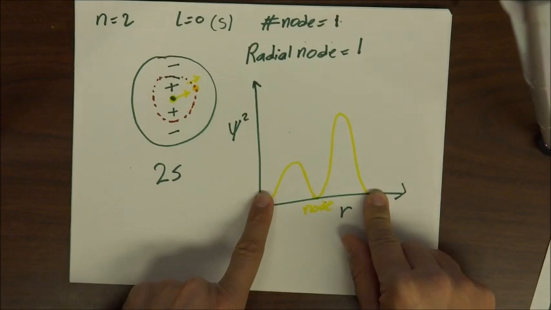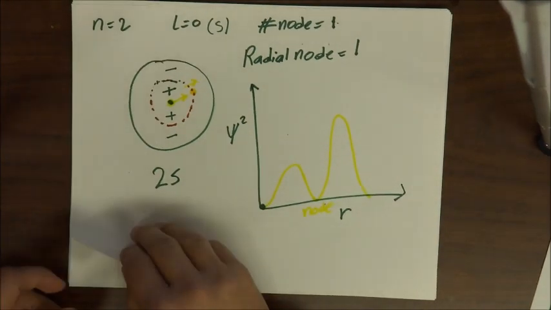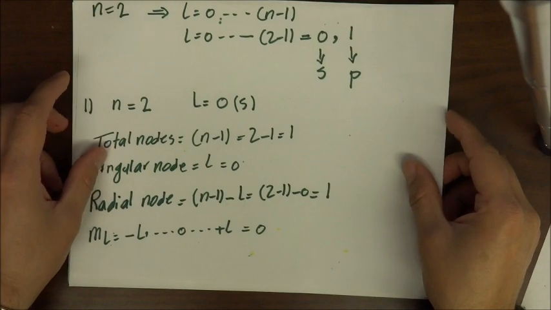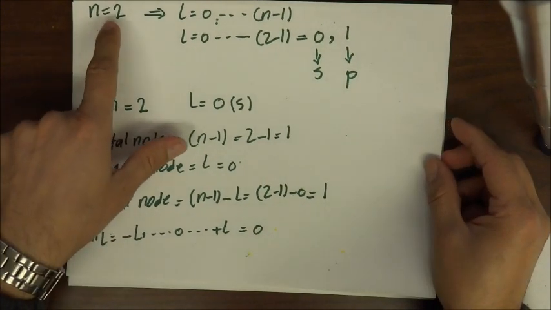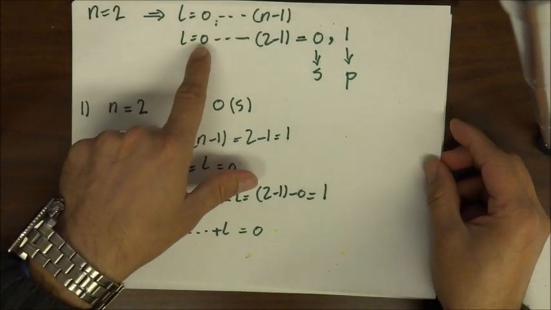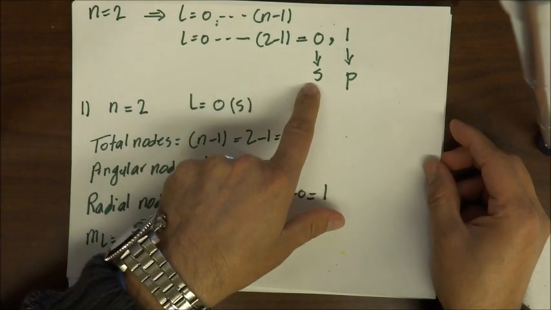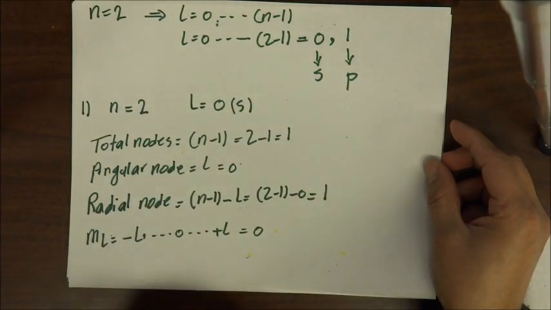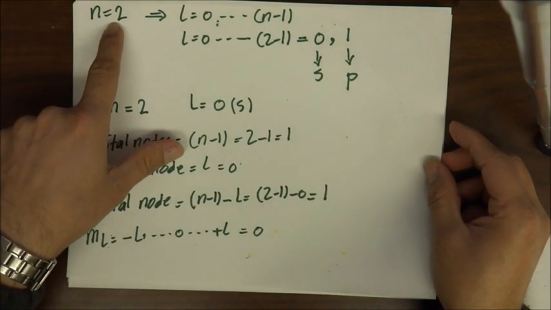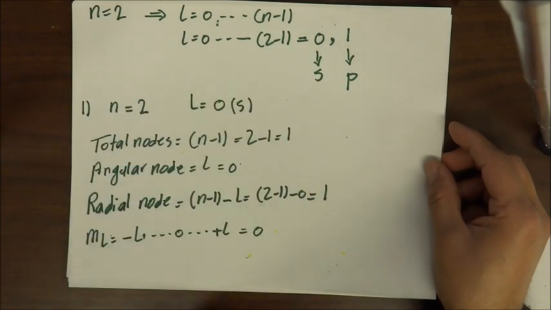So we're fine. The graph is completely correct. We said when n is equal to 2, L is going to be 0 and 1. We did the work for the 2s orbital.